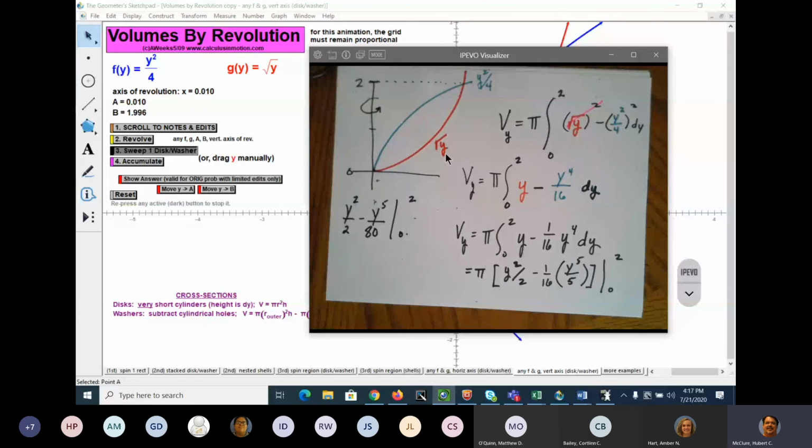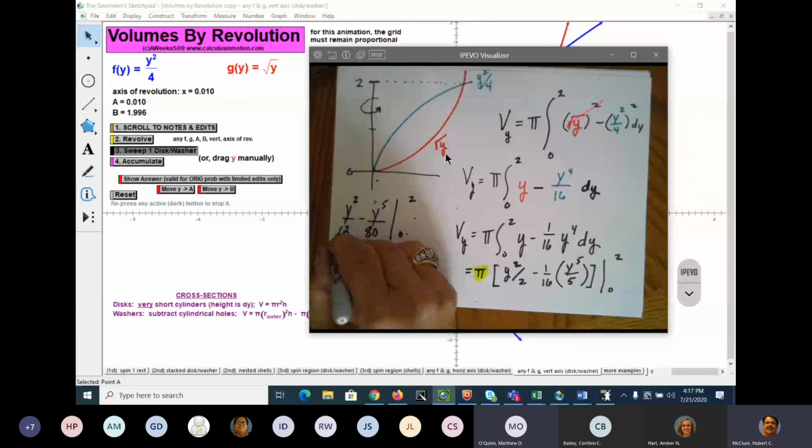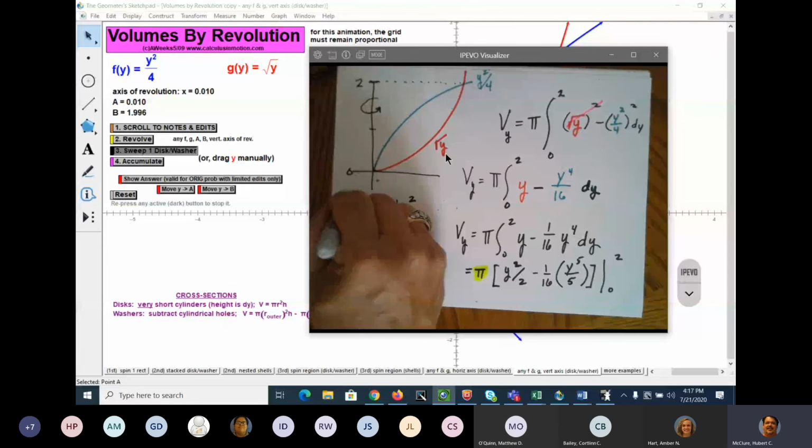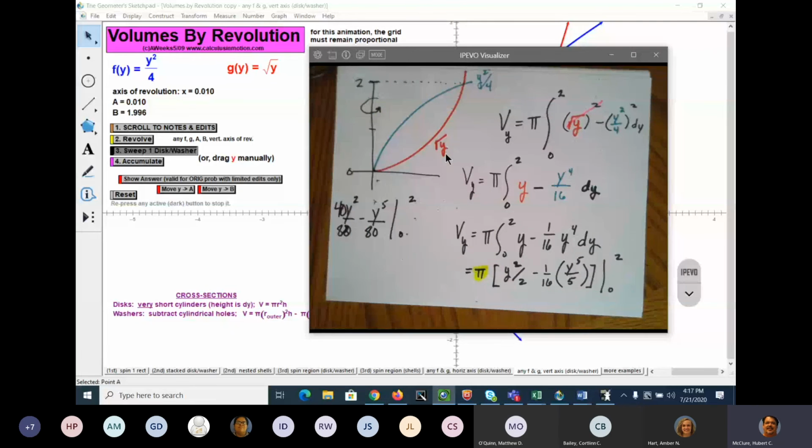If y'all will give me permission, I'm just going to mark my pi here, and I'll bring it down later. So that's going to be 80 right here. 2 will go into 80 40 times. That's 40 y squared. The 0 cancels out.